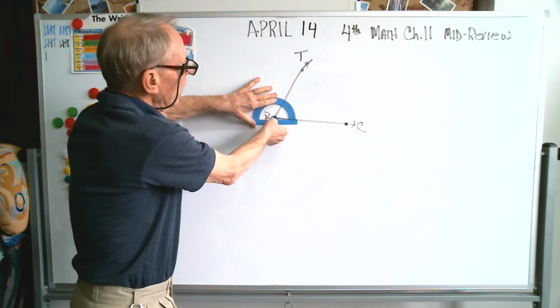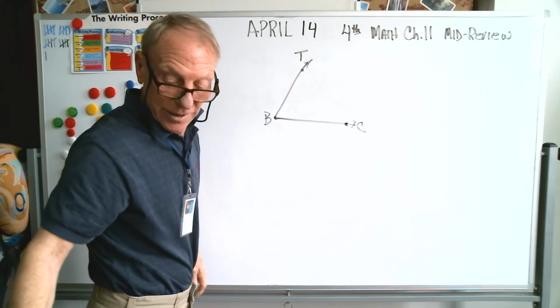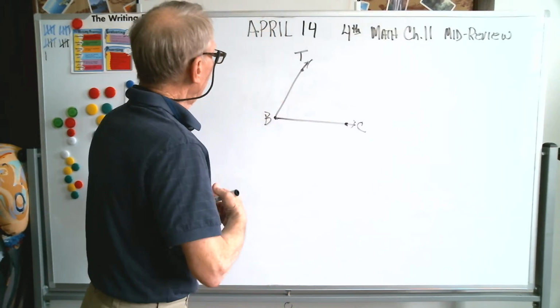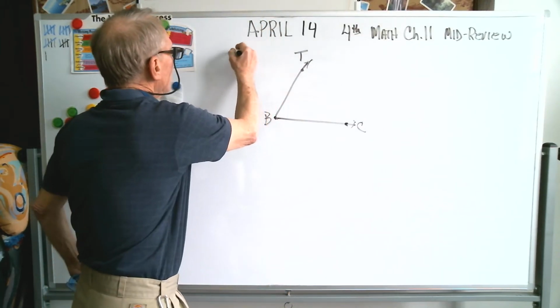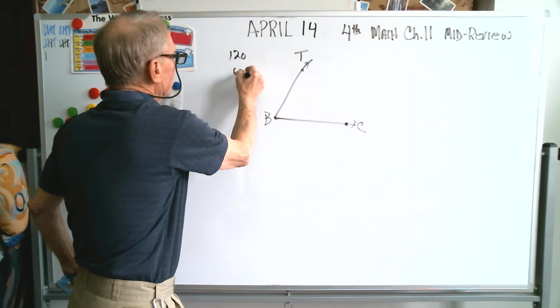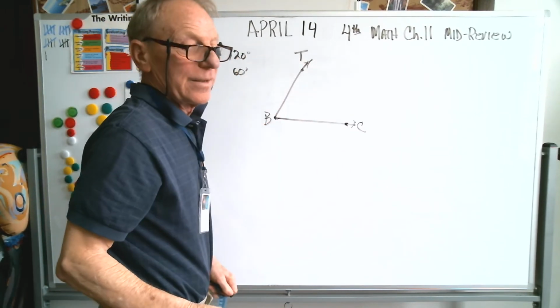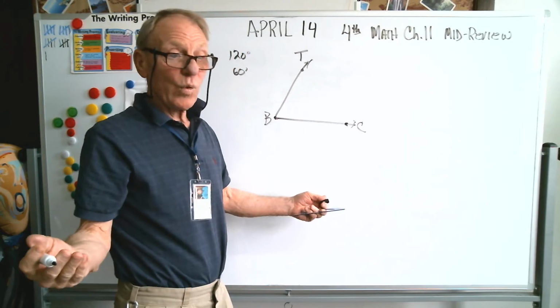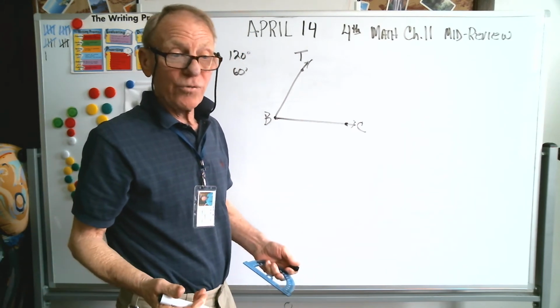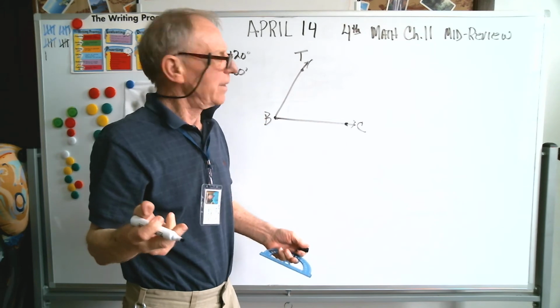I see the number 120 and I see the number 60 on the protractor, 120 and 60. And those are degree measurements. Now, which scale do I use?